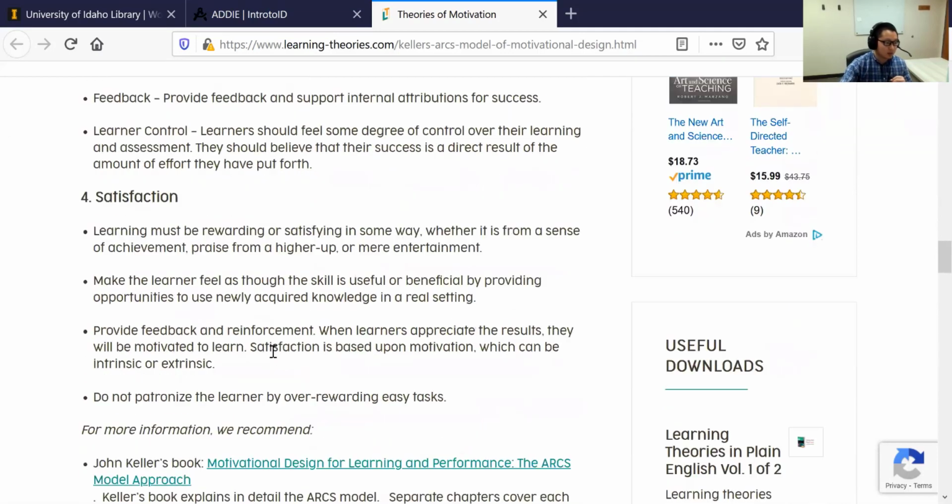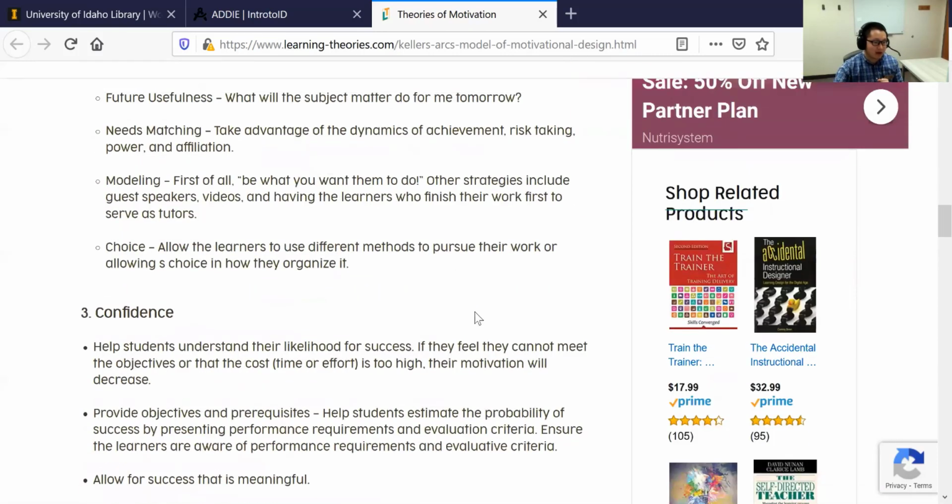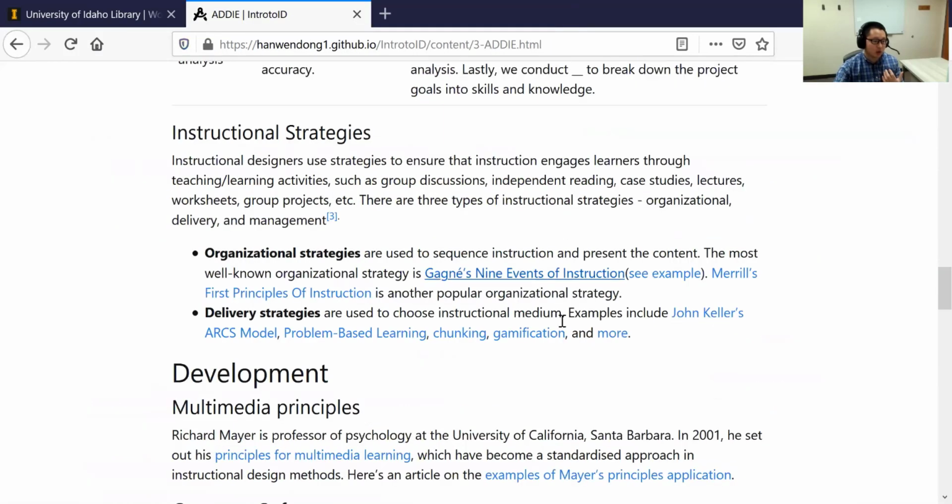So that would be one example. Satisfaction, we want to make sure that the learning is rewarding and satisfying, but just make sure that you don't over reward easy tasks. And a lot of times that may not work as well. So the ARC model is really excellent if you have learners that are struggling with being motivated to be in the class.